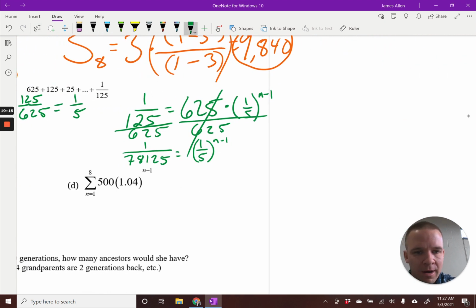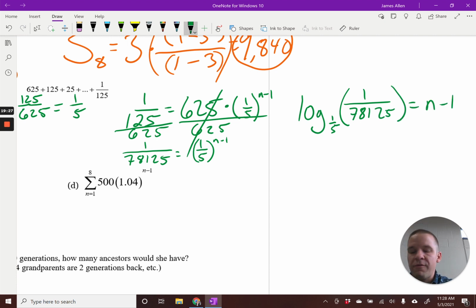Okay, so I'm going to have log base 1/5 of 1 over 78,125 equals n minus 1. If you forgot how to do this in your calculator, math alpha math, if you got that. And then we'd have the 1/5, and then 1 over 78,125. I get 7 equals n minus 1, so n equals 8.